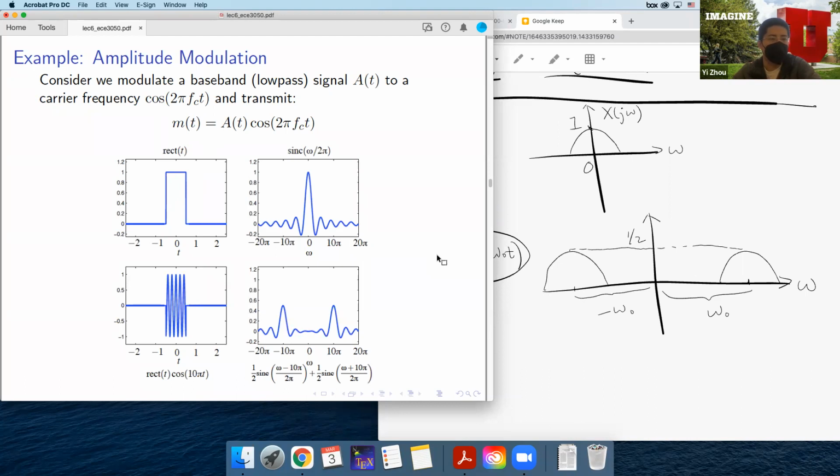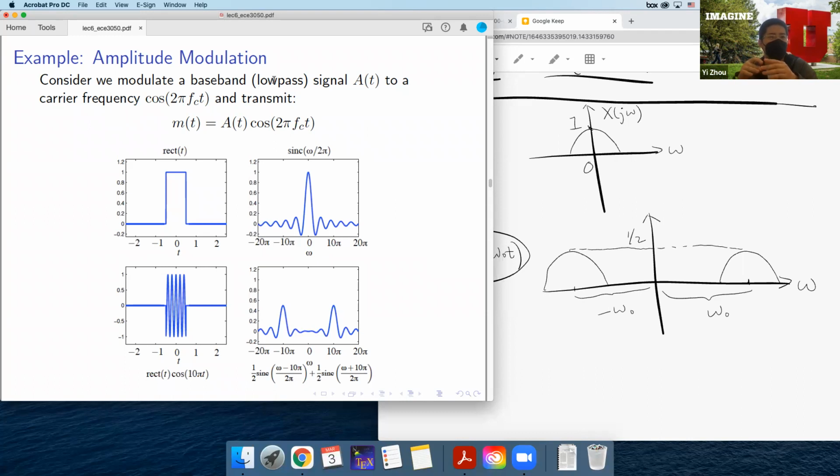Okay, so this is an example that we just discussed called amplitude modulation. So here's the setup. We are modulating a baseband signal, a low pass signal, which simply means the signal stays in the low frequency region.